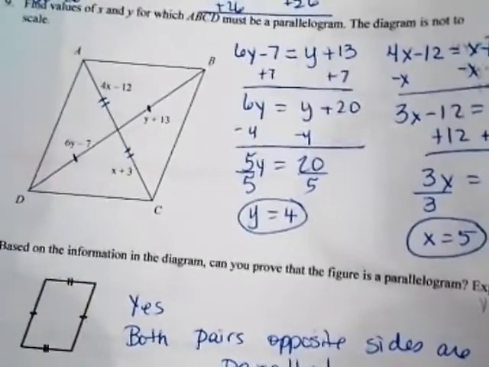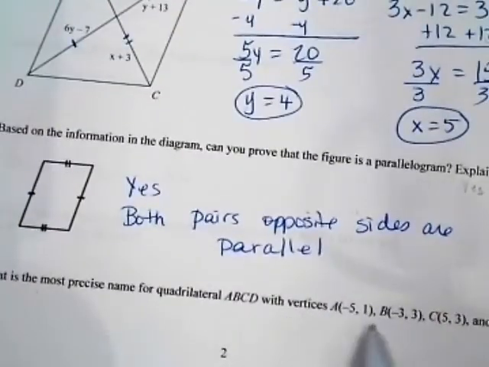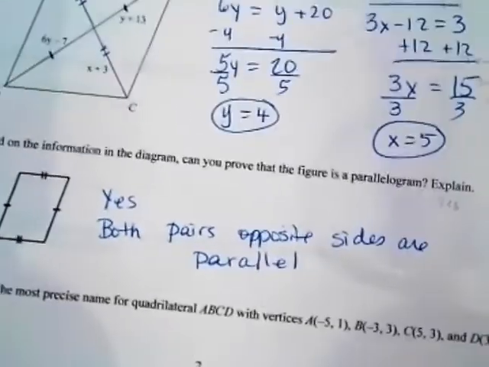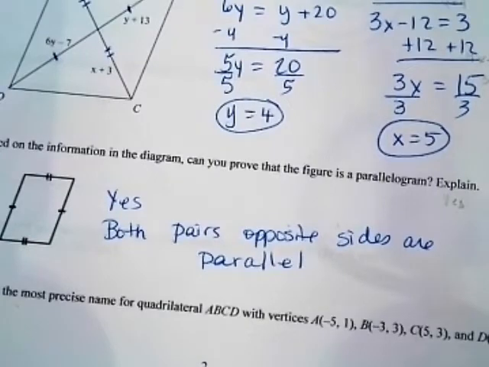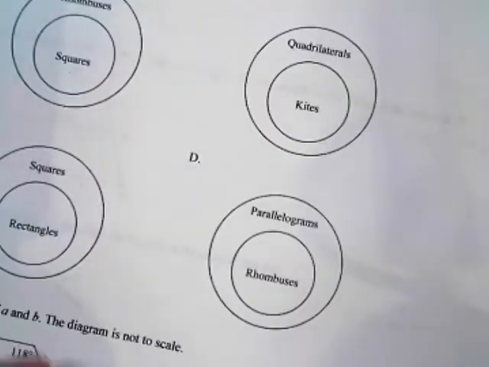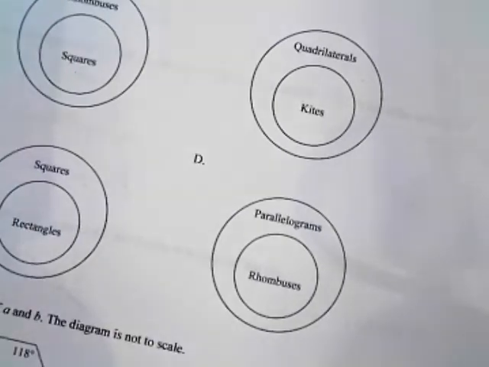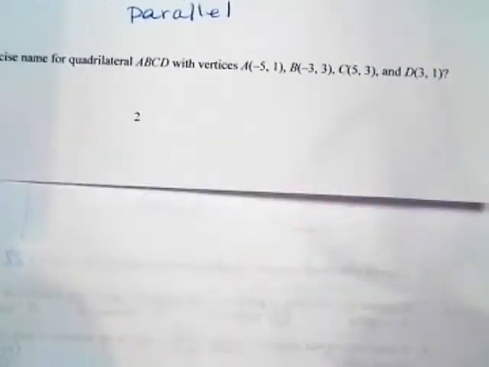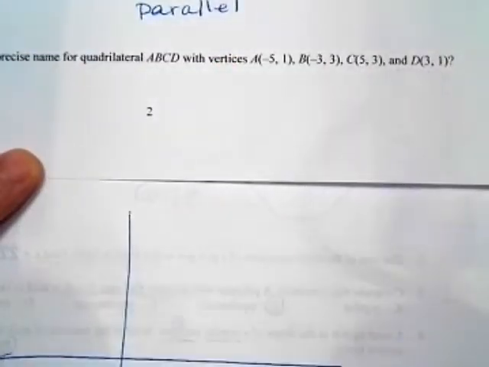What is the most precise name for quadrilateral ABCD with these vertices? Okay, I don't have graph paper at home, so I'm going to sketch this. And I hope that it turns out pretty decent. But if not, you get some graph paper and sketch this one in class. You might want to just take out a sheet of graph paper and do this problem. I should have had it printed in this handout, but I didn't. So let's see what happens here.